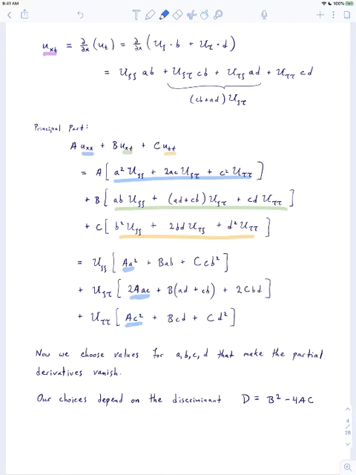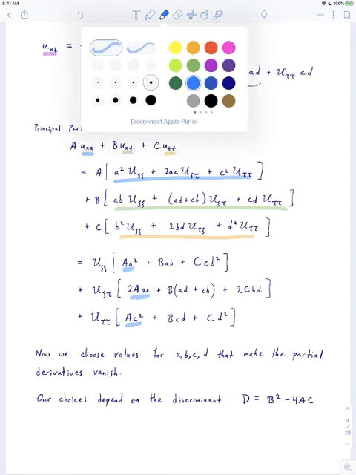We add together all of the mixed partials, and the u sub tau tau terms are all right there.